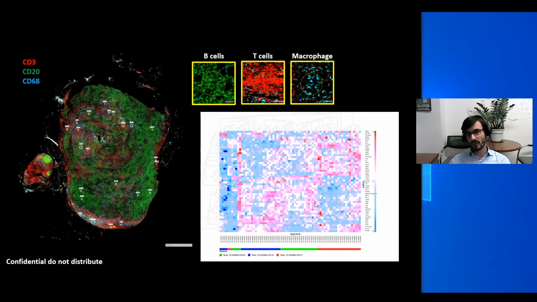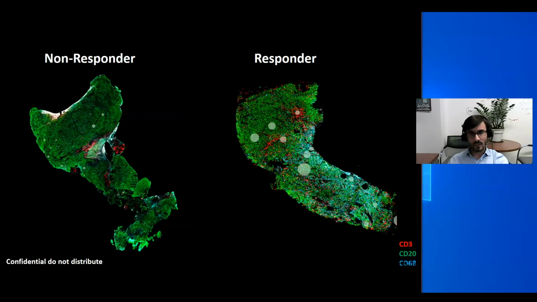Of course, I don't have time today to go into details. This is preliminary, but suffice it to say that, as you can see, there is expression of several targets. And if we look at responders and non-responders, we can start noticing some interesting differences, for example, the distribution of the T cells, as you can see here.